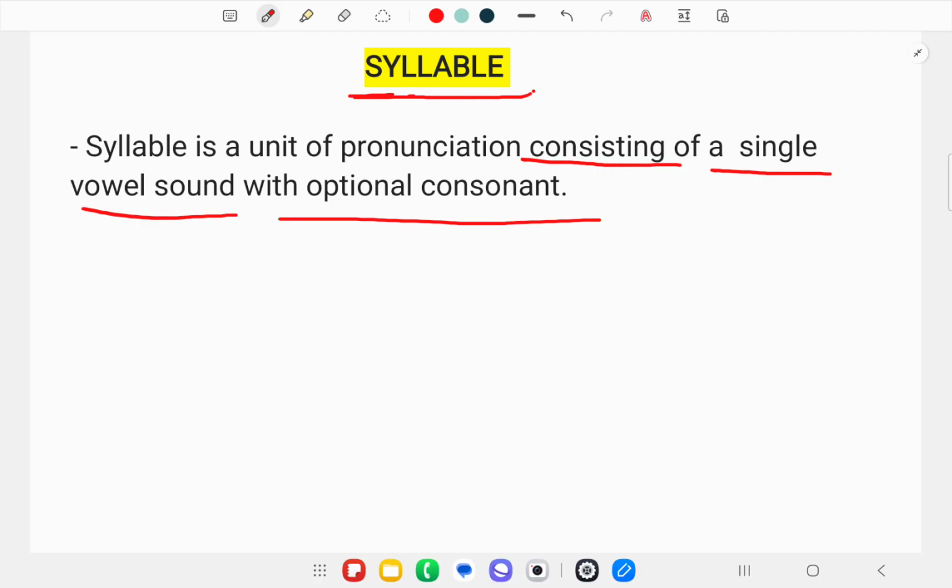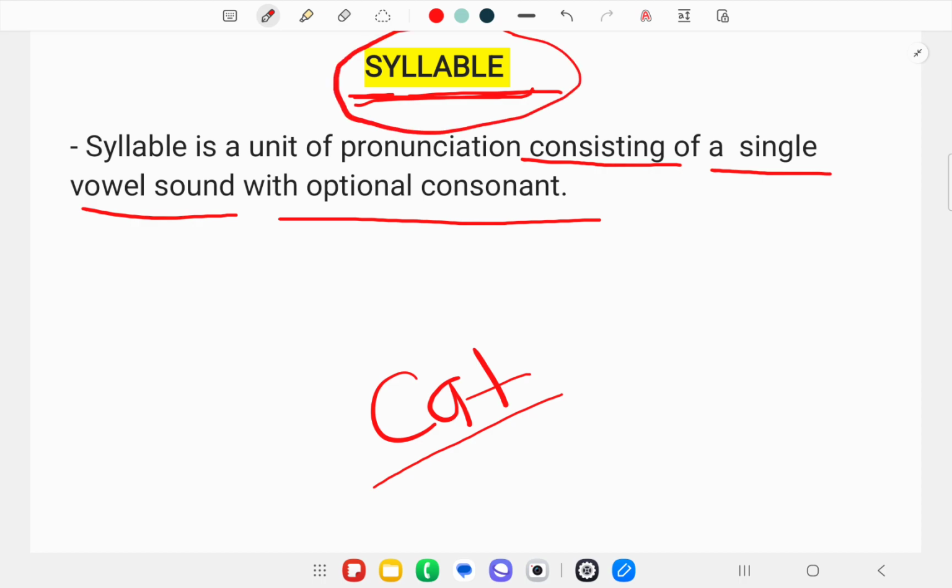We can identify syllable with examples, like if I take the example cat. According to the definition of syllable, many people pronounce this syllable, so never forget this one: you don't have to pronounce syllable, this is syllable, right? So how can we identify the syllable?